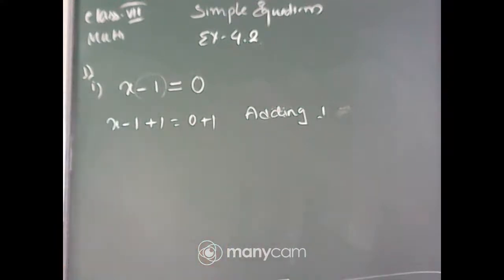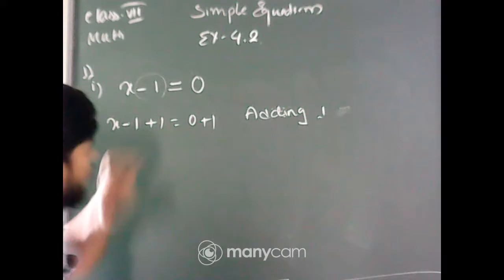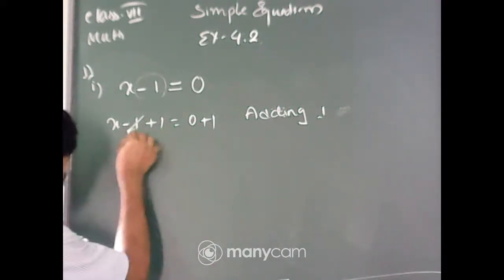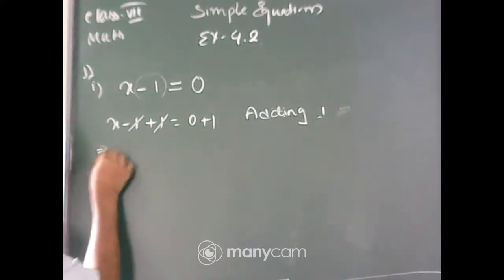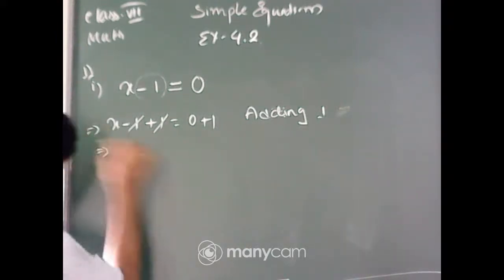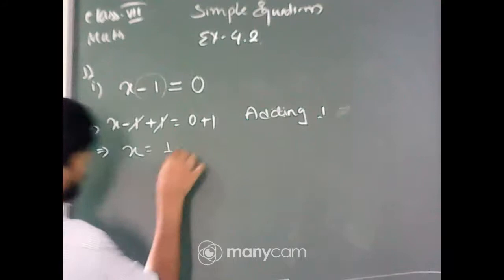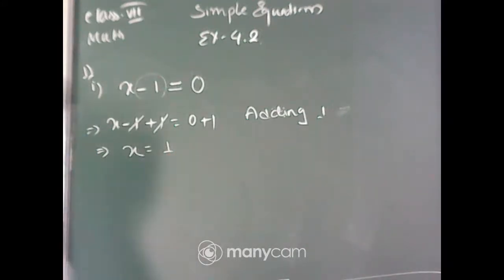Actually we are adding 1 to the left hand side and right hand side. Now look, this minus 1 and this plus 1 will cancel each other. That means x will be equal to 0 plus 1, which is 1. So the value of x is 1. That is the solution of this equation.